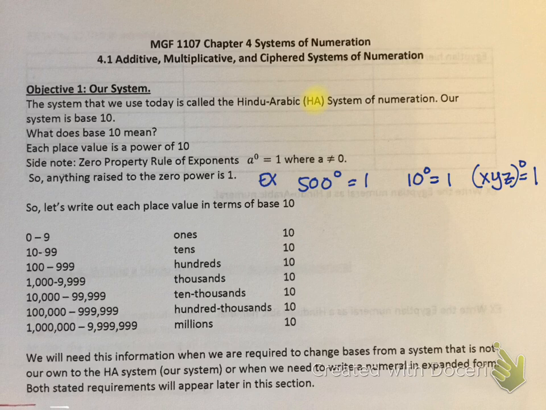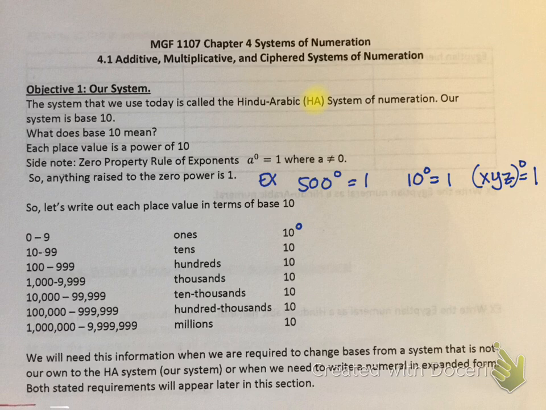So let's go ahead and look at our system a little bit closer. If we have the digits 0 through 9, that represents the 1's place value. I represent that as 10 to the 0 power, because remember we said 10 to the 0 equals 1.